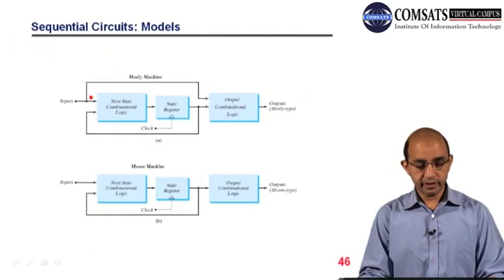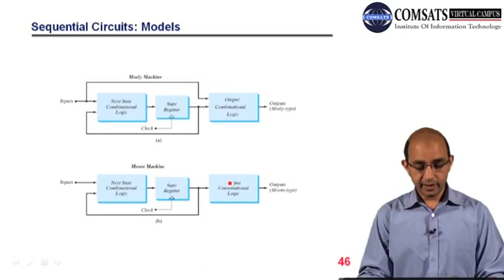So you can see this input, and here there is no direct connection between the input and this output, or this combinational logic representing the output. So this is the next state combinational logic, and registers in order to store the states.